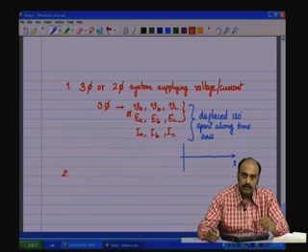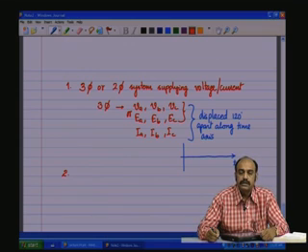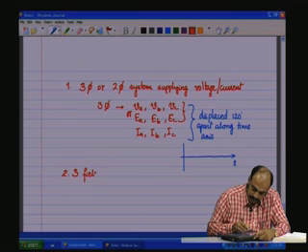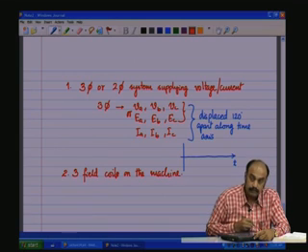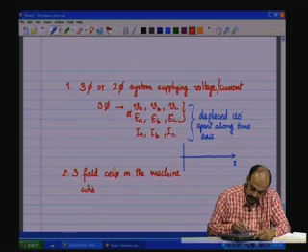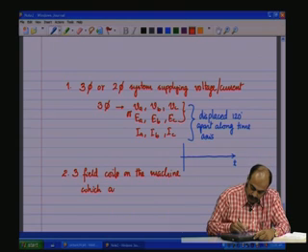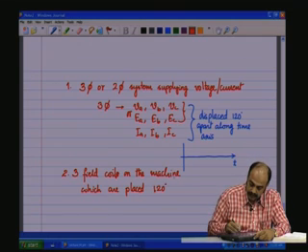There should be 3 field coils on the machine, which are placed 120 degrees apart in space.